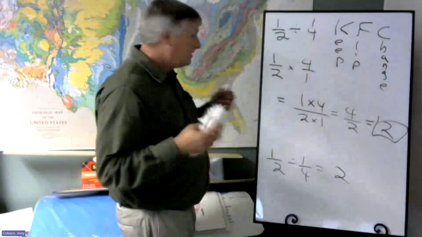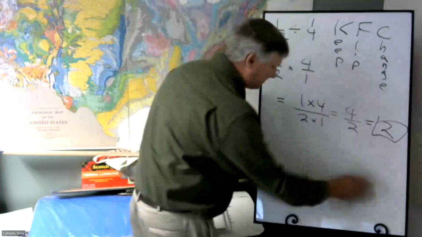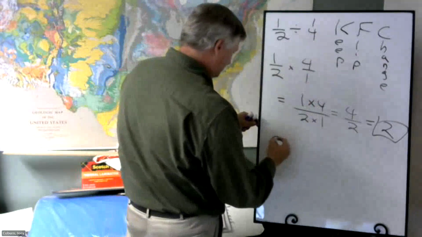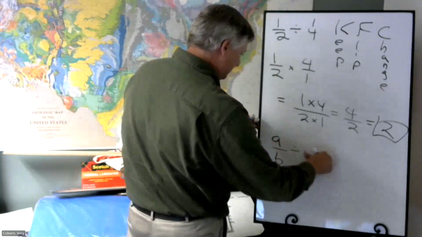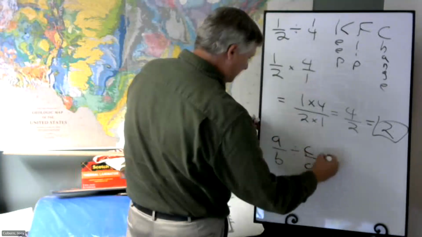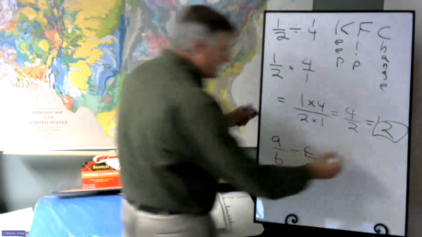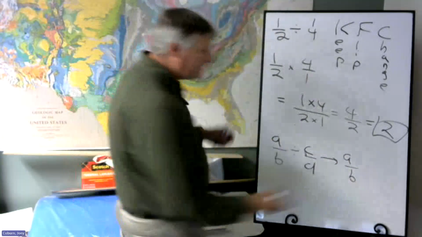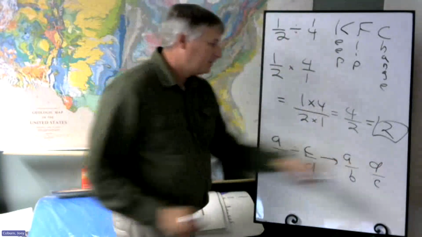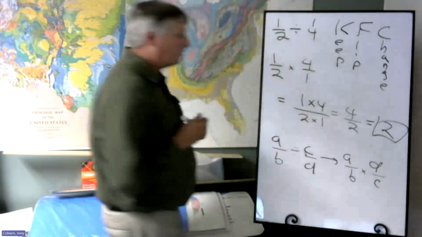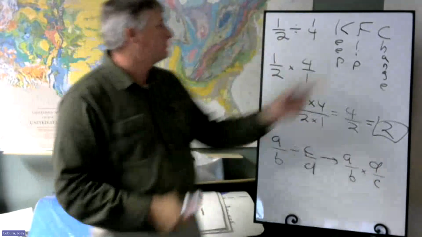So in general, when we divide, this is what we're going to do. We'll keep the first one exactly the same, flip the second one, and change this to multiplication. Or you can follow this acronym KFC.